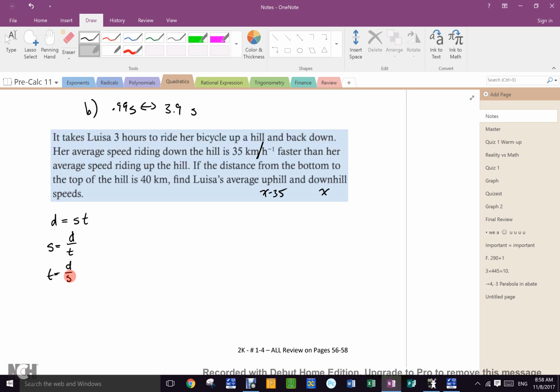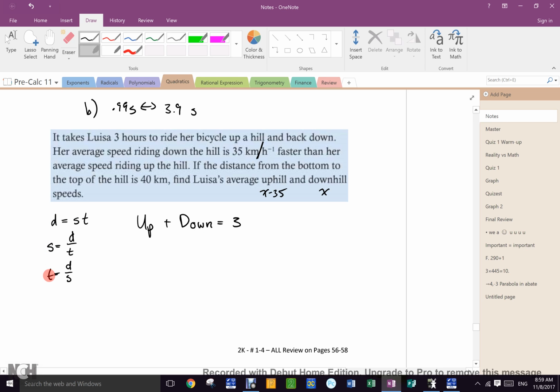Right? So, we know that the whole trip took 3 hours, yes? So, uphill plus downhill equaled 3 hours, correct? Right? Yeah. Now, since this is in time, these must be in time, yes? So which of these do I need?